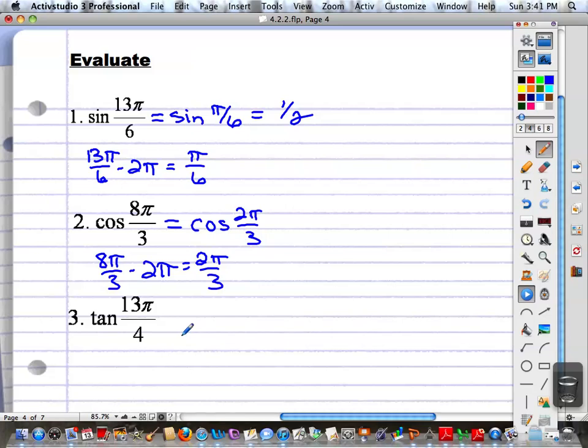So we're talking about an angle that's in that family of thirds. Remember, 2 pi over 3 would be in the second quadrant. The cosine relates to x, so it would have to be negative. And the cosine of 2 pi over 3 is going to be negative 1/2.